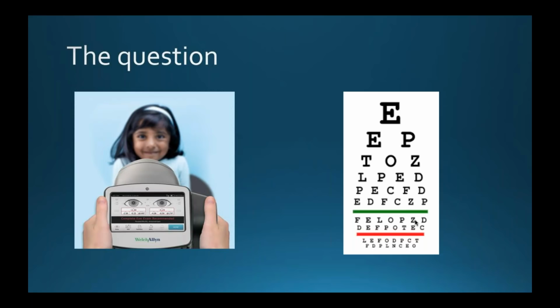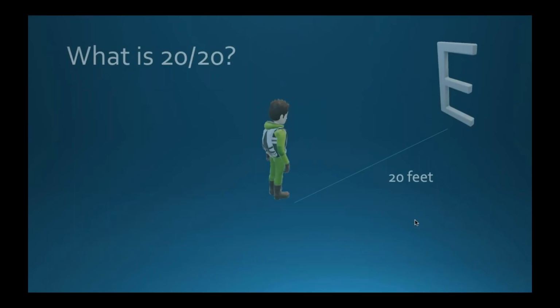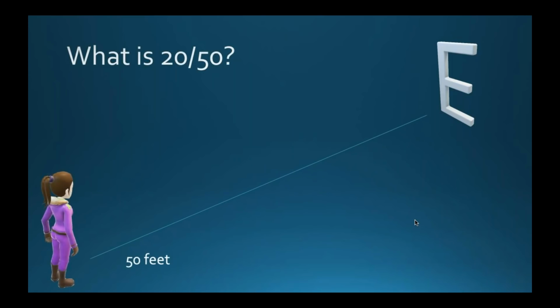So let's do a little bit more background information as well. What is 20/20 vision? 20/20 vision is if you are 20 feet away, you see what most people see at 20 feet. Then if you look at 20/50 vision, somebody has to be at 20 feet where the normal population with excellent vision can be at 50 feet.